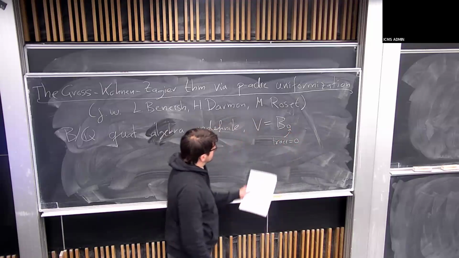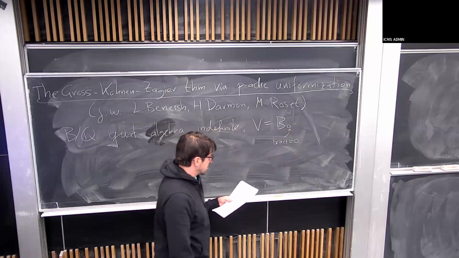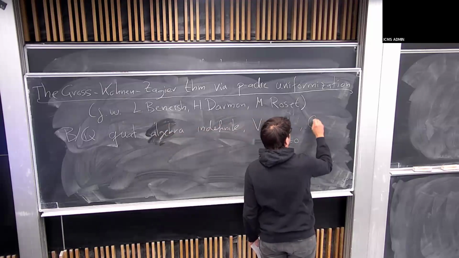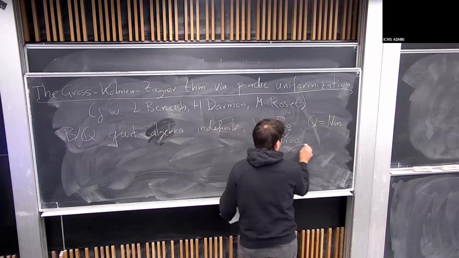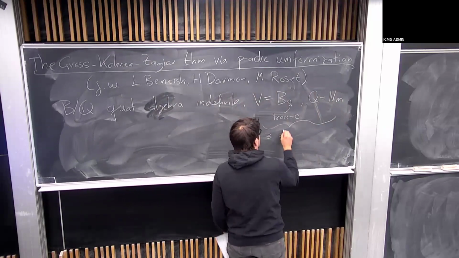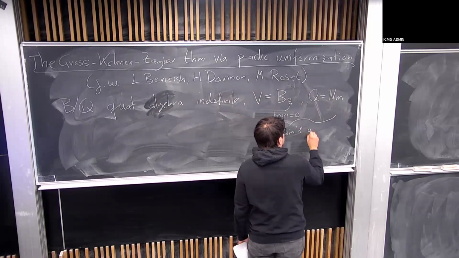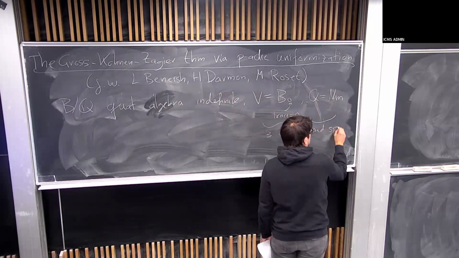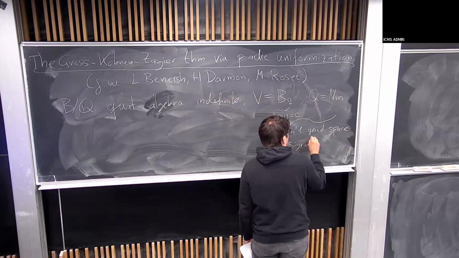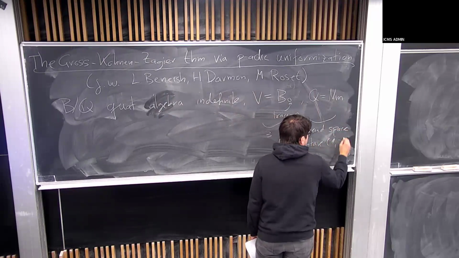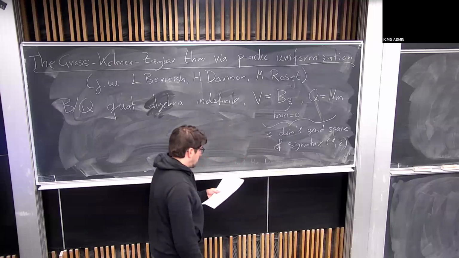Trace 0 means always trace 0 in my talk. And on that, I have the quadratic form given by the reduced norm. So this is a three-dimensional quadratic space of signature (1, 2), right?